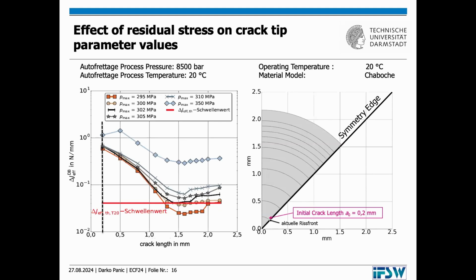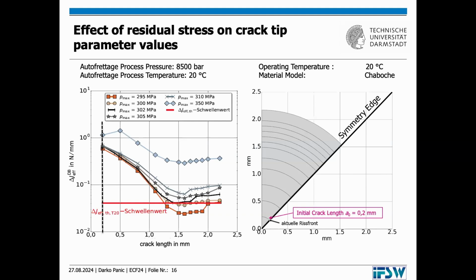Okay, effect of the residual stress on crack tip. I would like to highlight this effect of residual compressive stresses on the crack tip parameter as the crack grows. On the left side, we see the results of the crack tip, for example, here, parameter JDB plotted against the crack length.